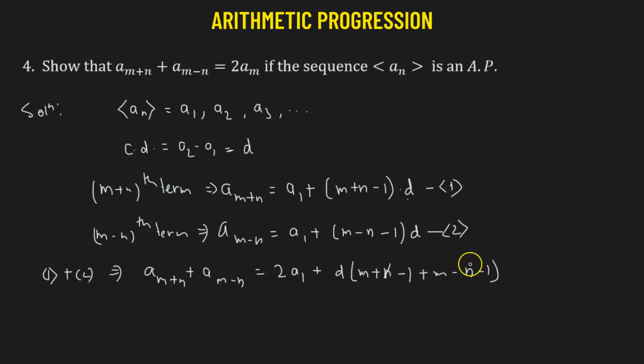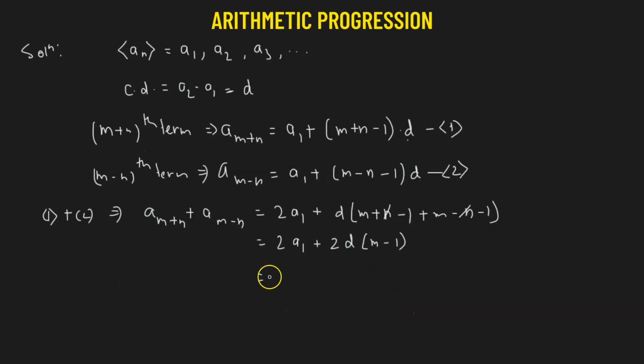So here positive n and negative n go away. So this leaves us with 2 times a1 plus, so we have 2m minus 2 within the parentheses. So if we factor out 2, we have 2d times m minus 1. Right. So this means we have 2 all multiplied to a1 plus m minus 1 times d. And this by definition is going to be the mth term.